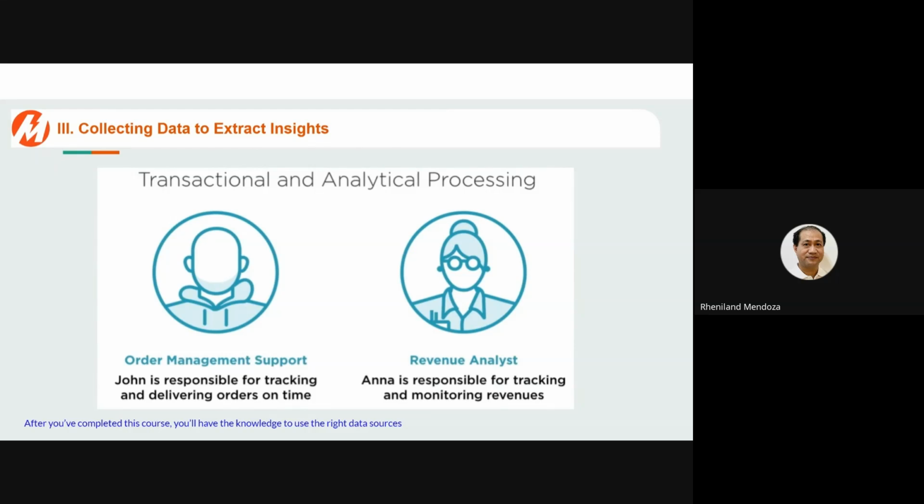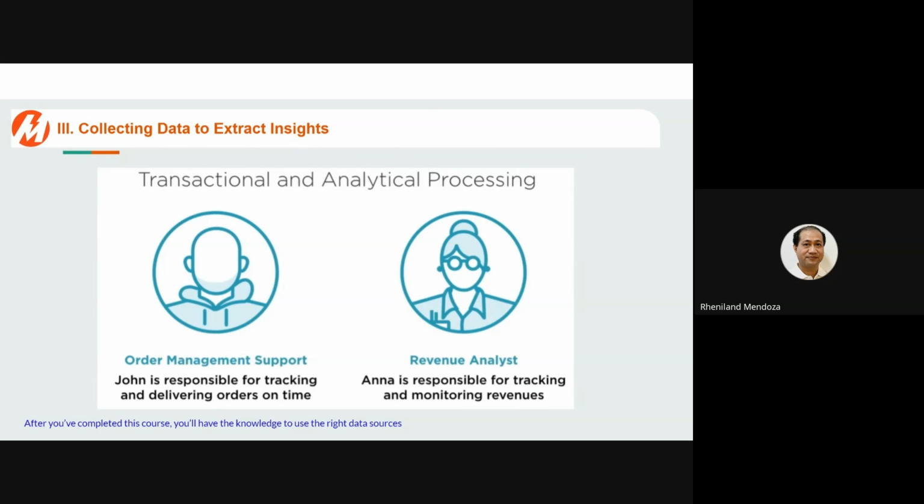One who is working with management support. He is responsible for tracking and delivering orders on time. So in your case, this could be the meter readers or the automation that your digital meters do in real time, supplying you with streaming data.